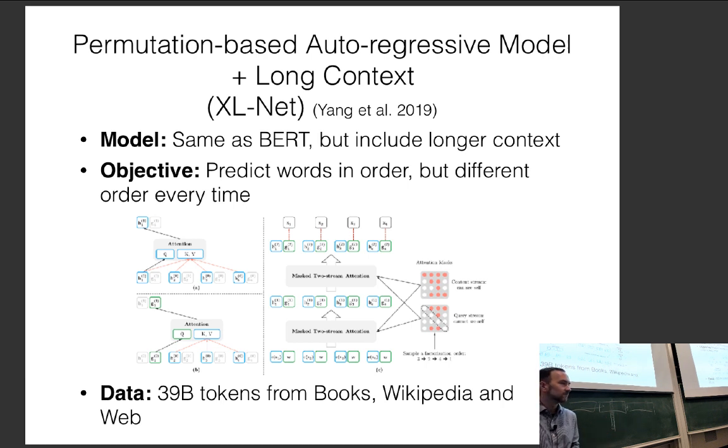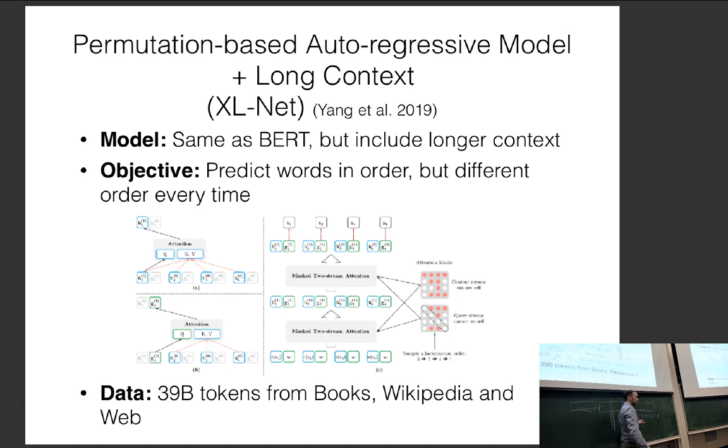I actually don't understand the objective function for this. Okay, so this is a language modeling objective. A normal language modeling objective predicts words from left to right, right? The transformer can do this too. The way it does it is masking out all of the previous contexts. What this does here is instead of sampling left to right, let's say we had 1, 2, 3, 4, 5, 6, 7, 8.